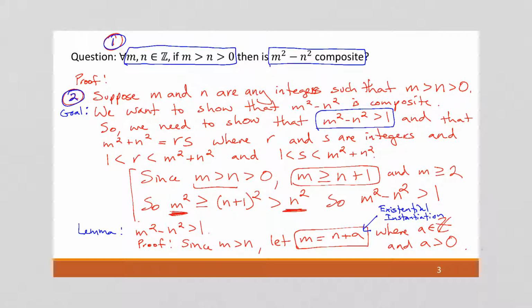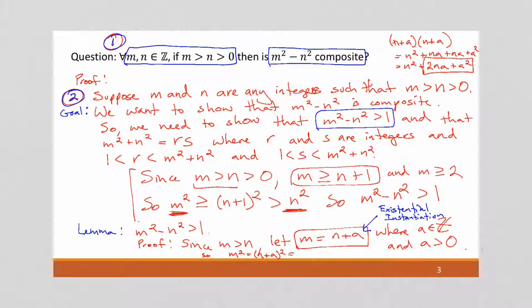Let's try to do it here. So m squared equals n plus a squared, which will be, okay, let's scribble this out. n plus a times n plus a equals n squared plus na plus na plus a squared, equals n squared plus 2na plus a squared. And since we know that a is greater than 0, this will be positive.